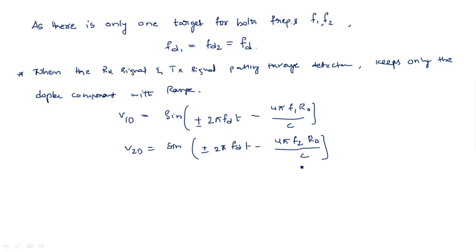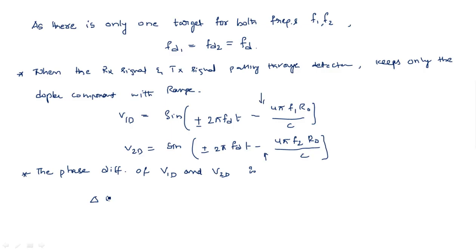Now, when you apply these two signals to a phase detector to obtain the phase difference between them, what is the phase difference of V1D and V2D? The 2 pi fd t terms get cancelled, and what else do we have?